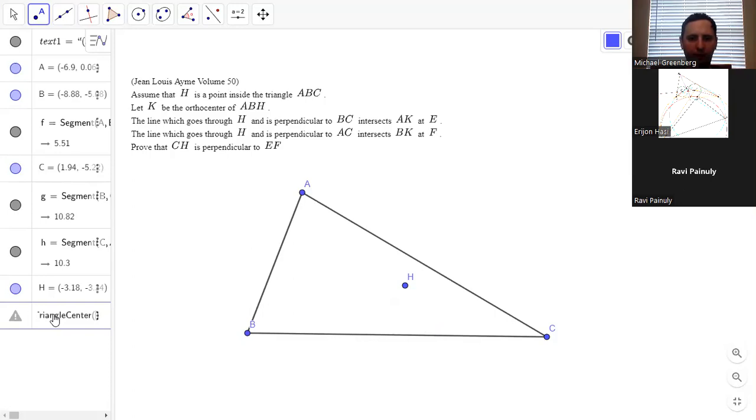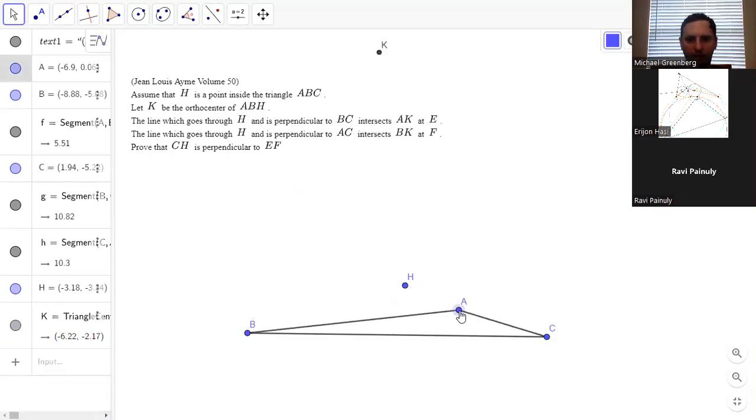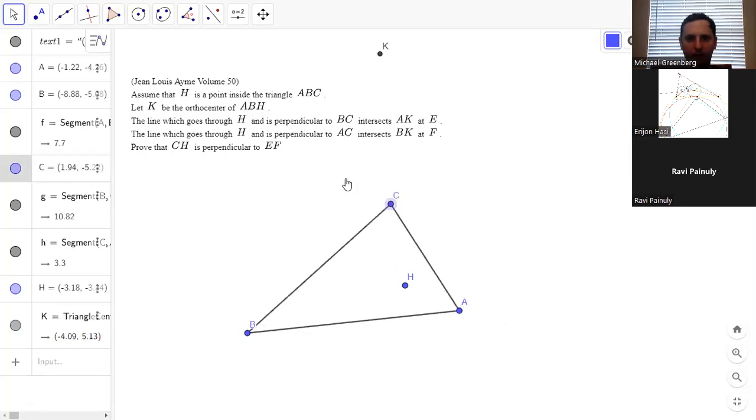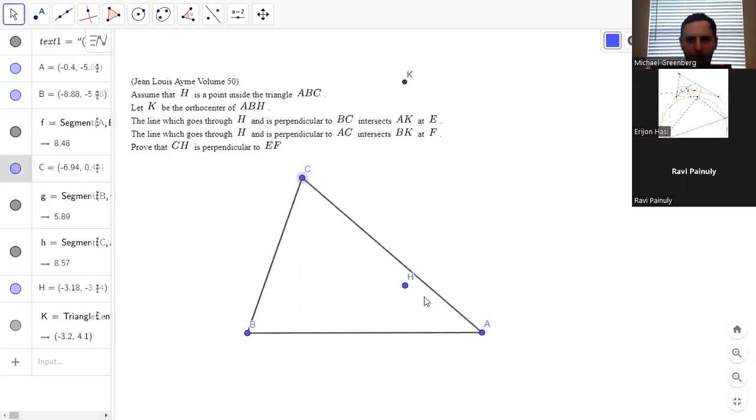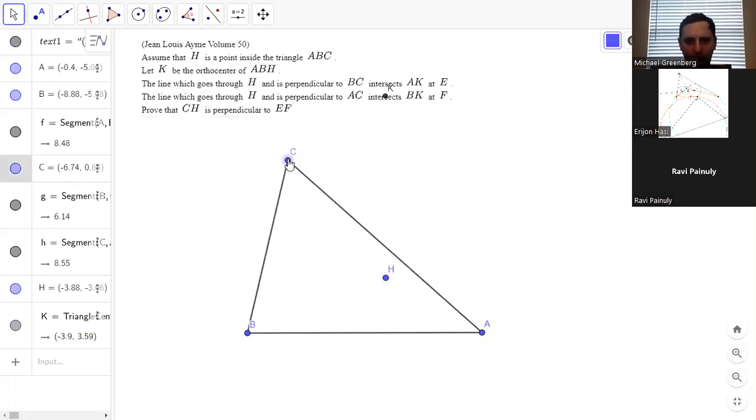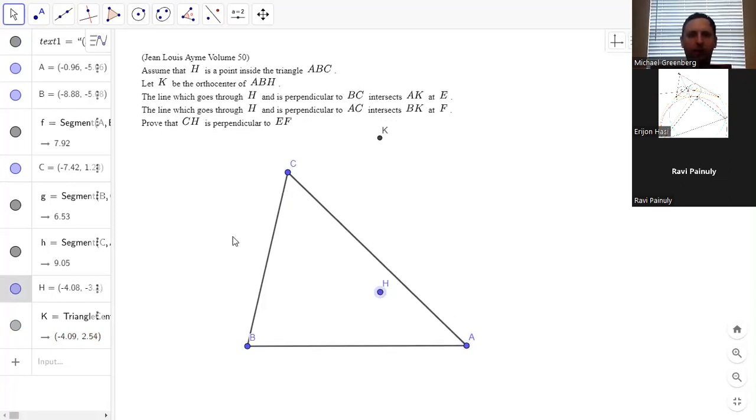I'm going to make A on the bottom and C on the top. We want H to be inside the triangle. Yeah, we can make it something like that. That looks good. So H is the orthocenter of ABK then.